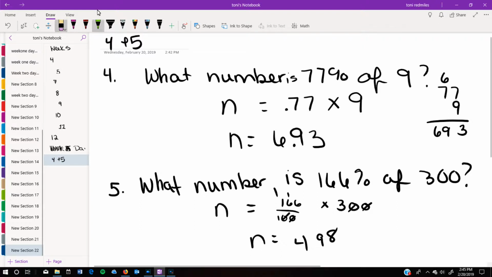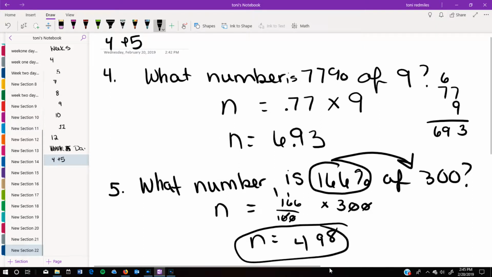If I did a decimal, I'd have to put in a decimal place at the end. But if you do a fraction, you don't have to worry about the decimal at the end. It all comes out right. And this makes sense because I'm over 100%, which means I should get a bigger number than I started with. This is an increase percentage, I increase the amount. So it's bigger.